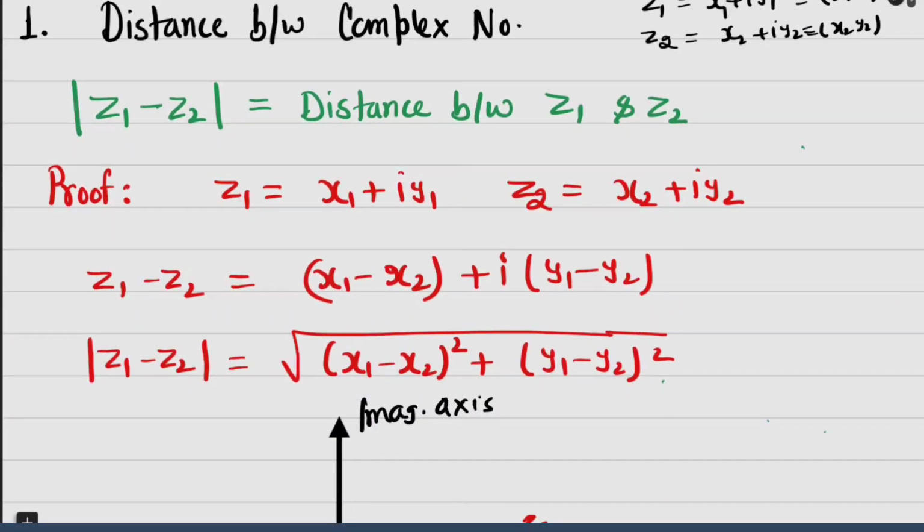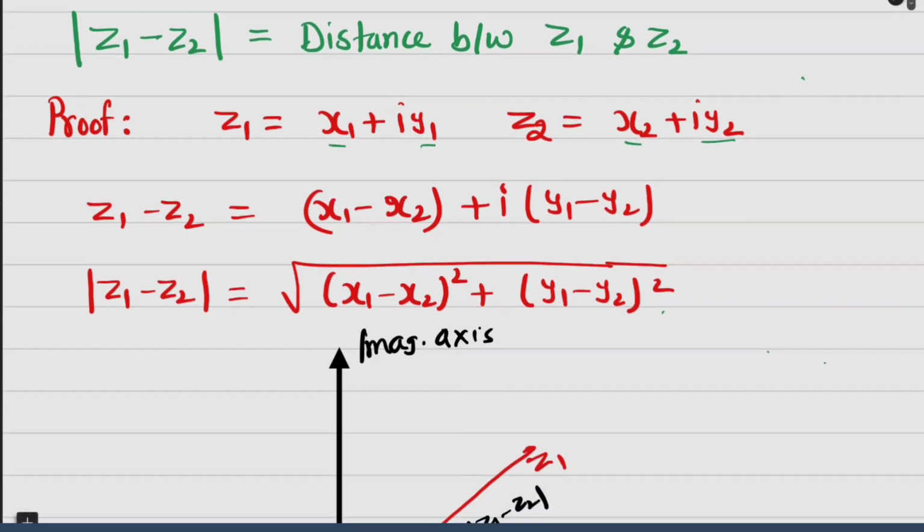Let us say Z1 is x1 plus iota y1 and Z2 is x2 plus iota y2. So if I find Z1 minus Z2, then what do I get? x1 minus x2 plus iota times y1 minus y2. If I take the modulus of this, we already know that if z is a complex number x plus iota y, then the modulus is nothing but the under root of x square plus y square.